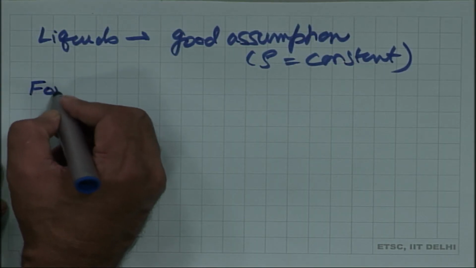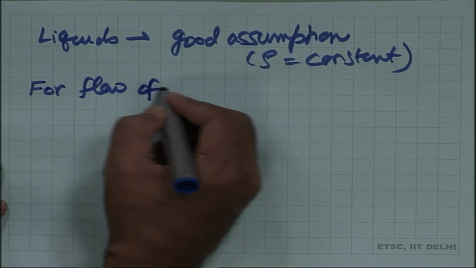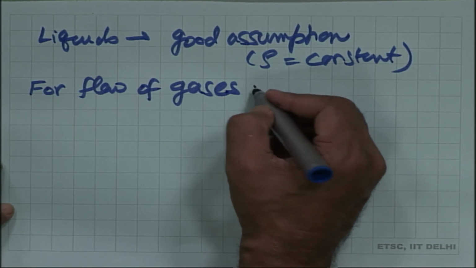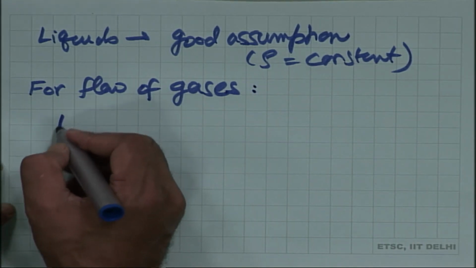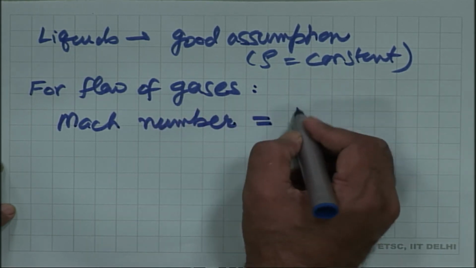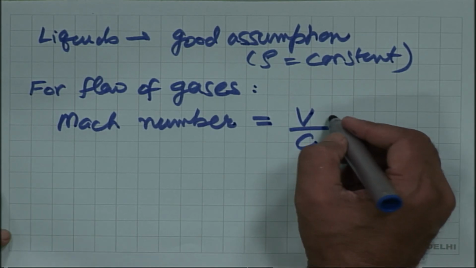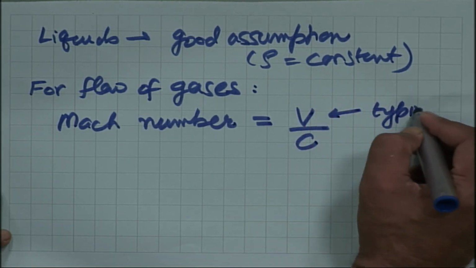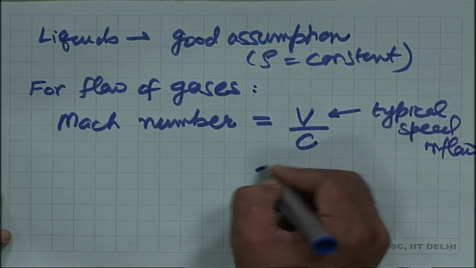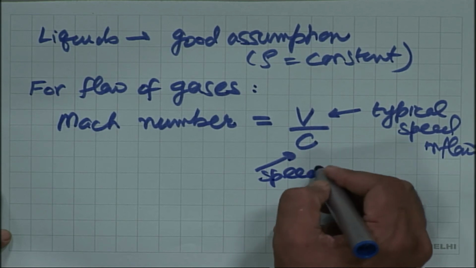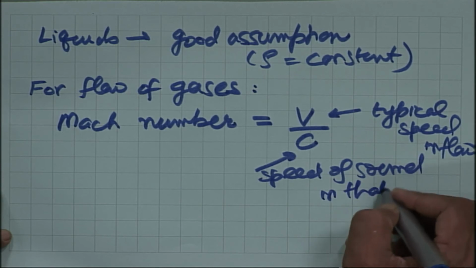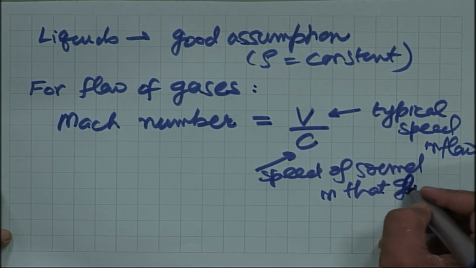Now, what can we say for gases? Gases look like they are more compressible, they can be compressed easily. For flow of gases, what we will show is that there is a number called the Mach number, which is equal to V by C, where V is the typical speed in the flow and C is the speed of sound in that fluid.